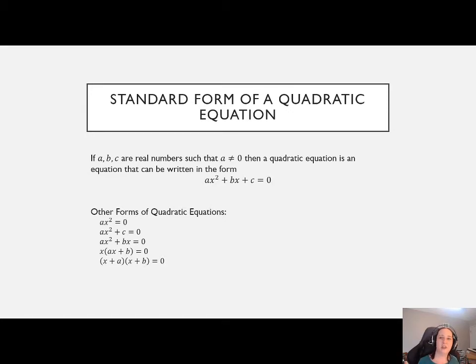Essentially, they're all in the form ax squared plus bx plus c, except for the 2 bottom ones. Those are factored. But if you multiply it out, it will turn into one of the other forms. So sometimes you see quadratic equations that are factored, but they're still quadratic, just in a different form.